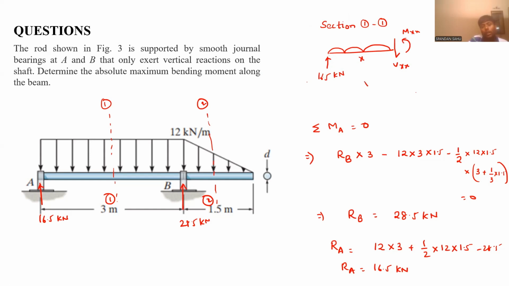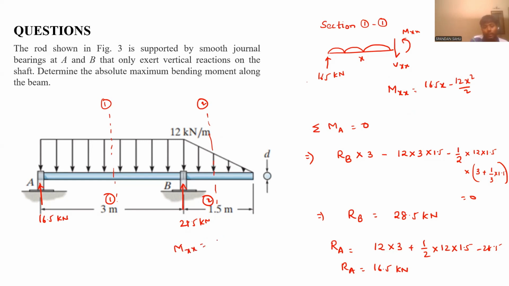So now what will be your value of VXX? Or we don't need VXX, so I am directly writing MXX. Okay. You can write VXX value also. It will be 16.5x minus 12x square by 2.